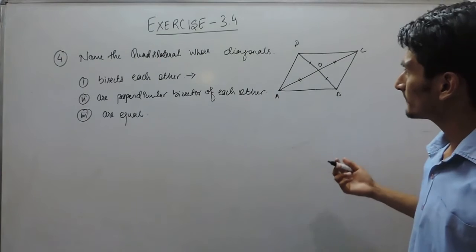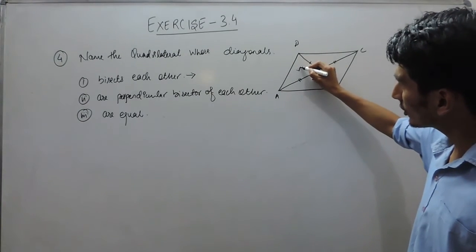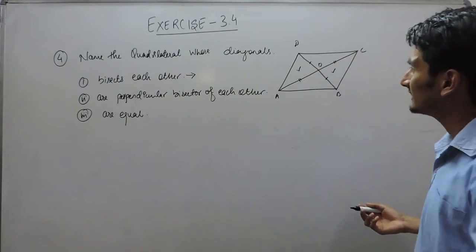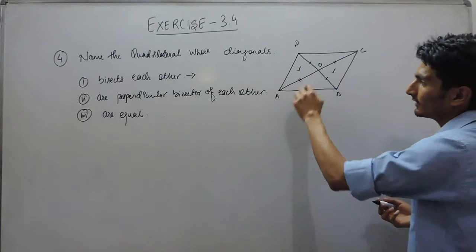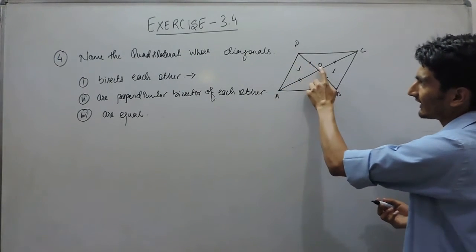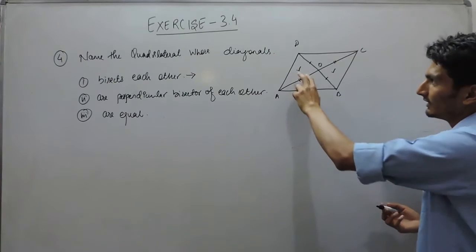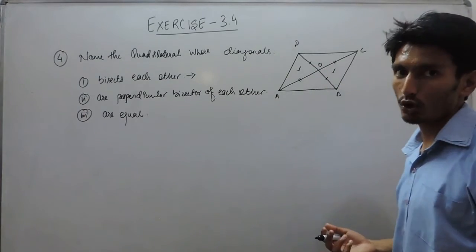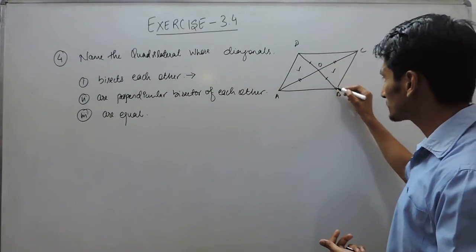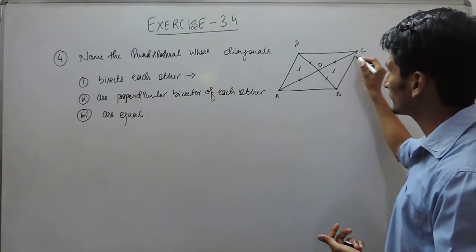We can prove this by proving these two triangles congruent, triangle AOD and triangle OBC. If you can prove these two triangles as congruent, then this side must be equal to this side and this side must be equal to this side.